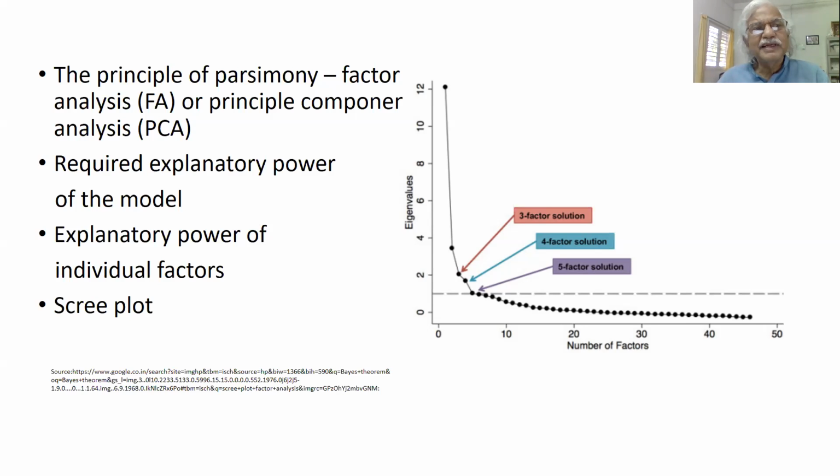Now, it's possible that the first factor explains 50% of the total variation in the data, meaning the variance of the first factor is 50. Then comes the second factor. The second factor explains, say, 30%. Then the third factor explains 20%, then 10%, like that.